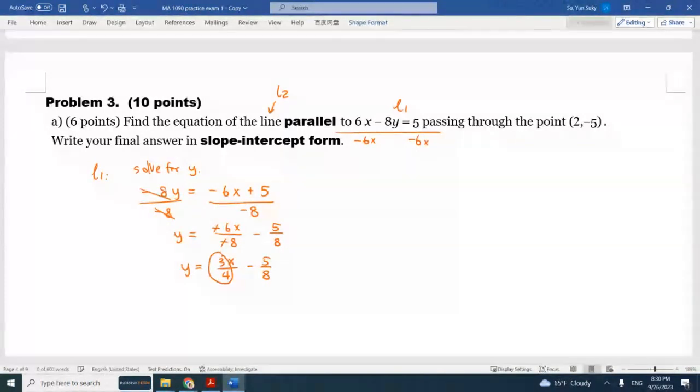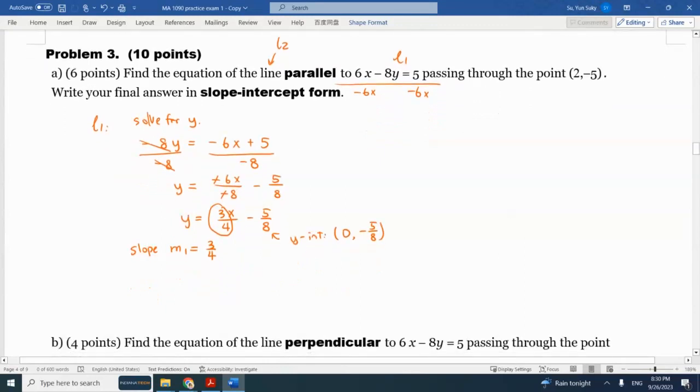This is the slope-intercept form. The slope is this number, the coefficient of x. So you can see m1 is 3 over 4. And the y-intercept is (0, -5/8).